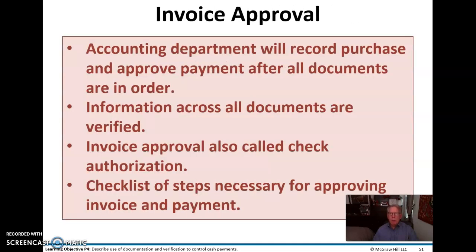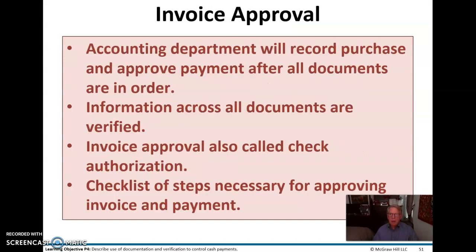So our invoice approval, the accounting department's going to record purchase and approve payment after all the documents are in order. The information across all those documents needs to be verified. The invoice approval is also called the check authorization. And then we have a checklist of the steps necessary for approving the invoice and payment. Pretty straightforward.